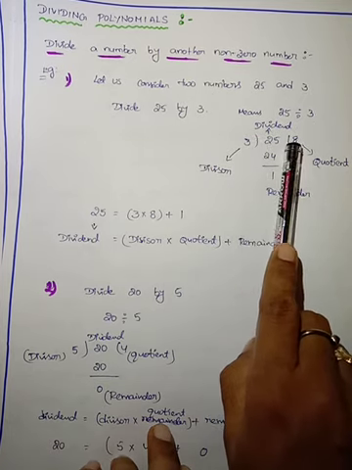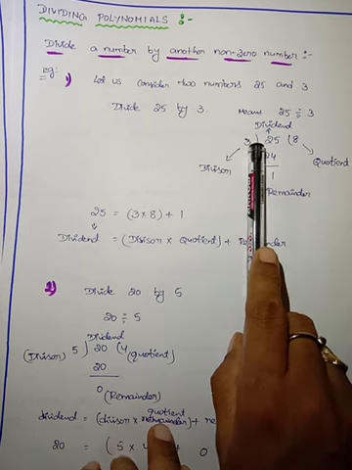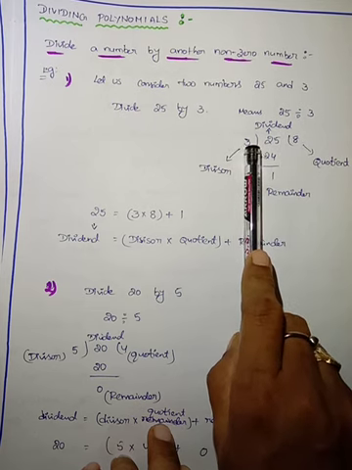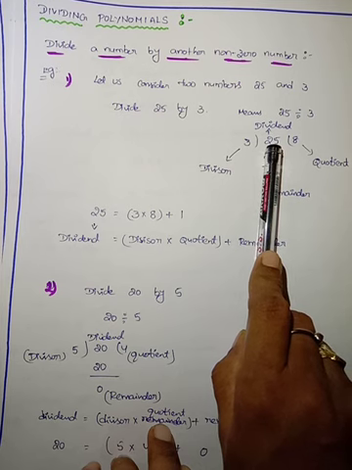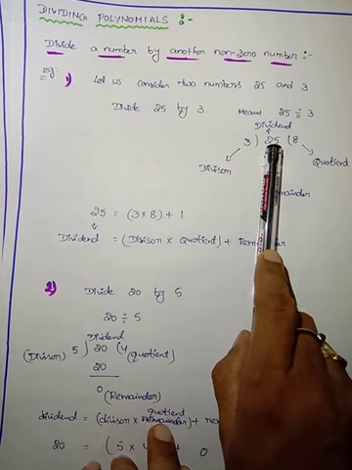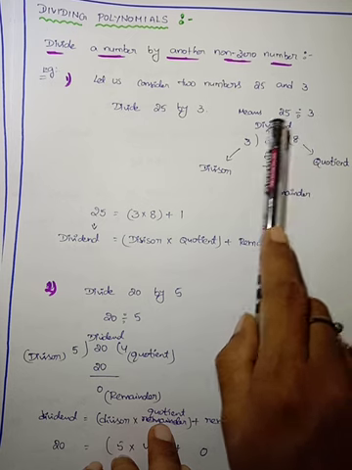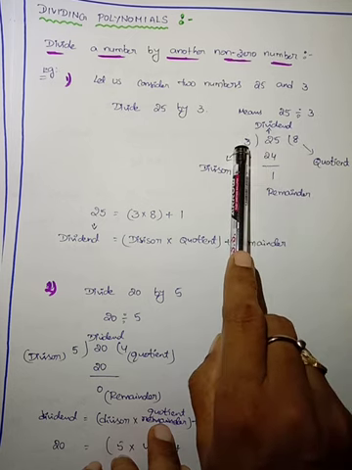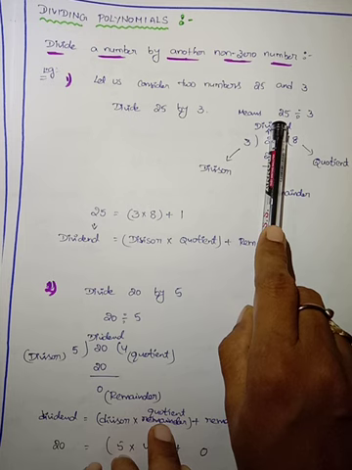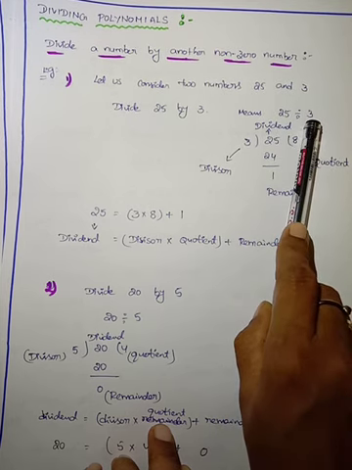There are two brackets, one on the left side and another on the right side. 25 divided by 3 means 25 is the numerator and 3 is the denominator.